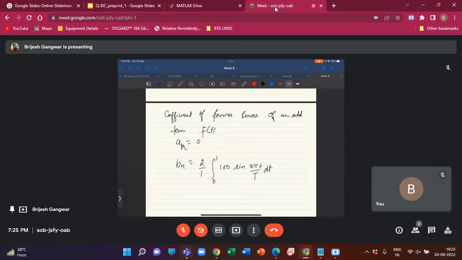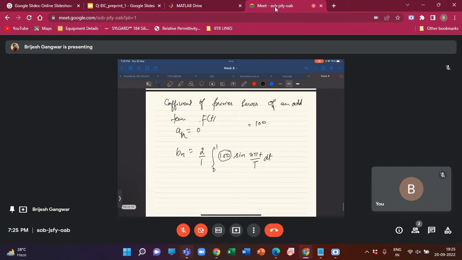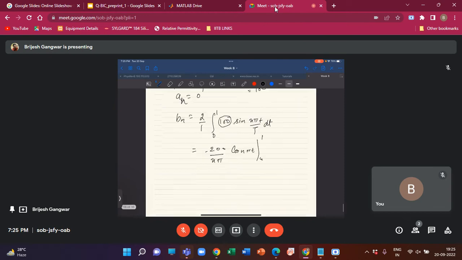So actually the amplitude is 100 instead of 2. So we are getting this 100, and after that you can solve this to get minus 200 upon n pi cos n pi t, 0 to 1. So you get minus 200 by n pi, cos n pi minus 1.